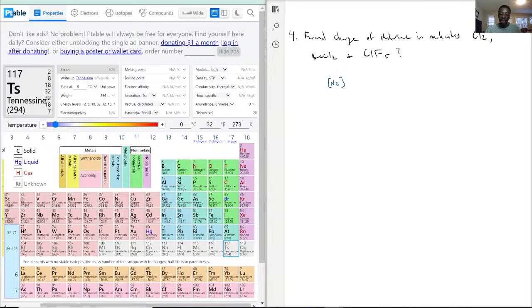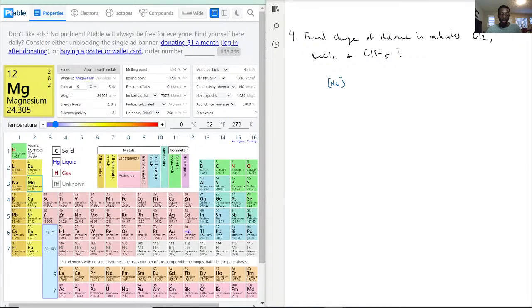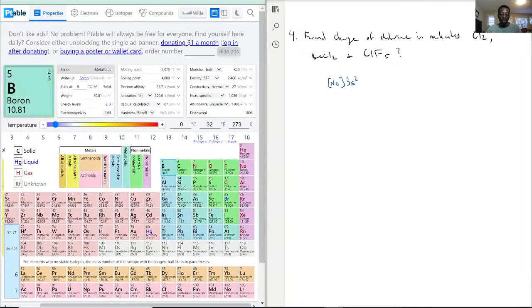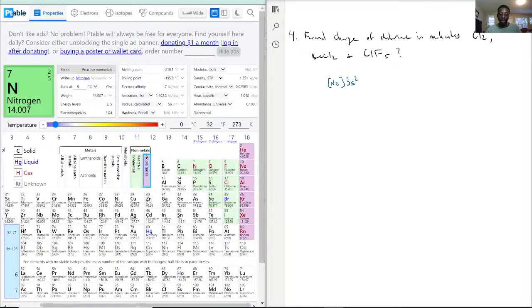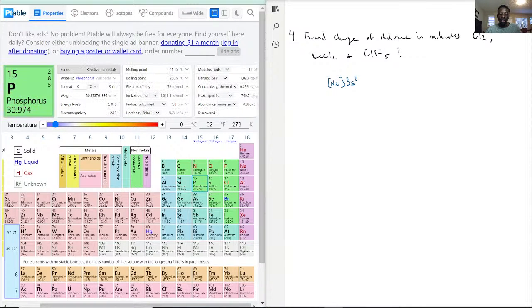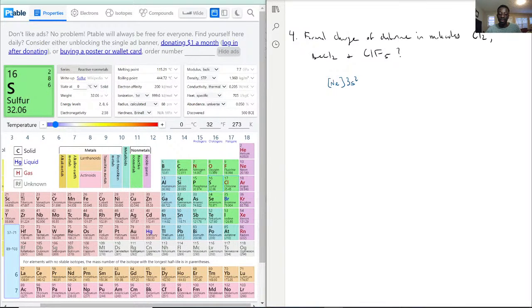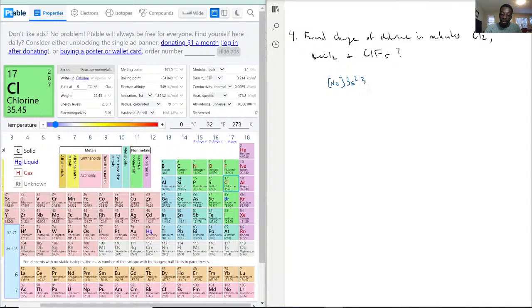Then going through the periodic table, I start with my s subshell, so that's sodium and magnesium, which makes 3s2. Then I jump to columns 13 through 17 where chlorine is, and that would be 3p1, 2, 3 for phosphorus, 4 for sulfur, and 5 for chlorine. So 3p5.